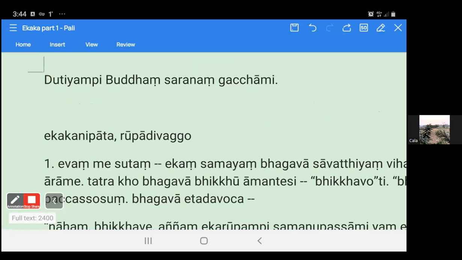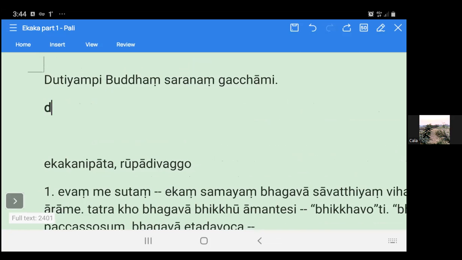Okay. I will explain some Pali grammar here. Because it's a dutiyam with what we call the nasal sound, when it plus the p sound, it becomes dutiyampi. It's kind of like a changing of sound because of the influence of the p sound.